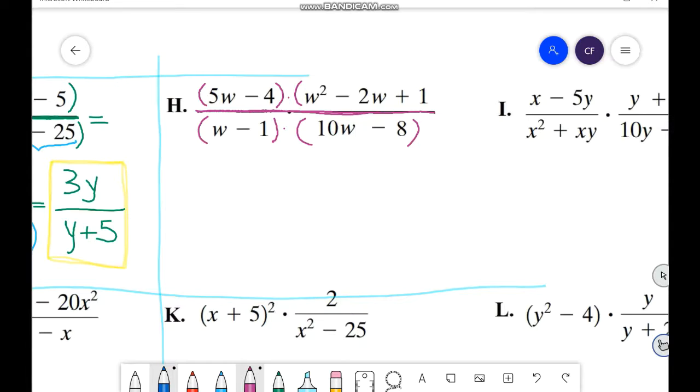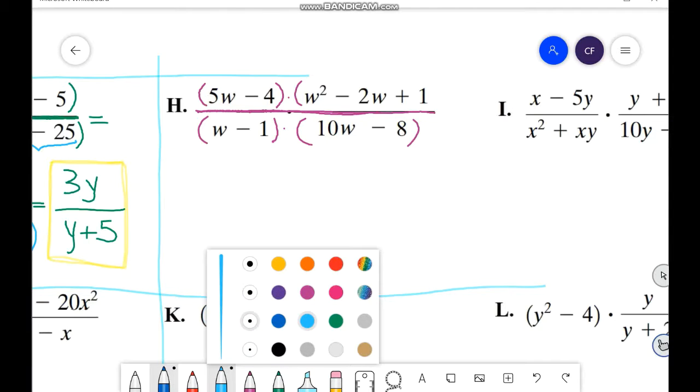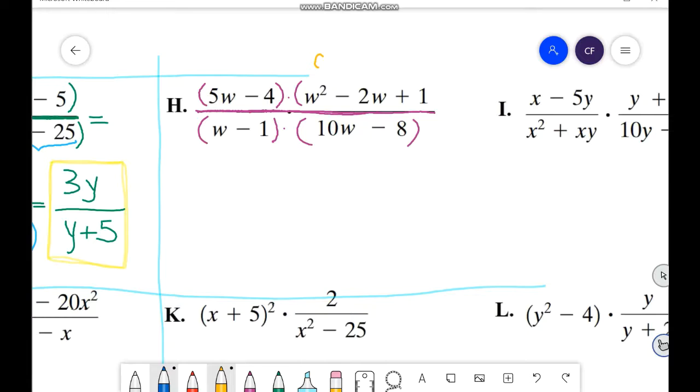Check this formula here. a squared minus 2ab plus b squared equals a minus b squared, and we can use this formula here, because we can say a is w and b is 1. So we will factor it out.